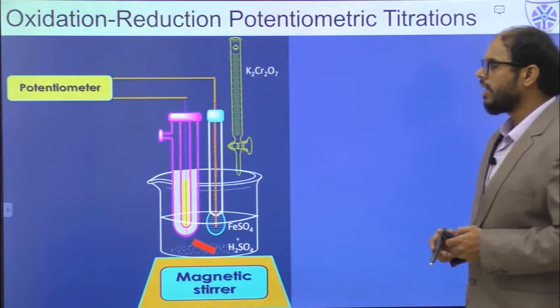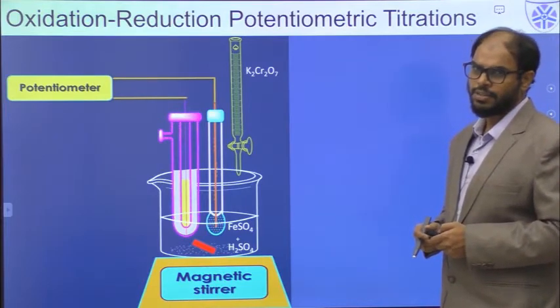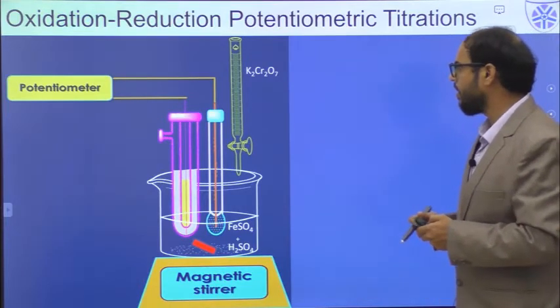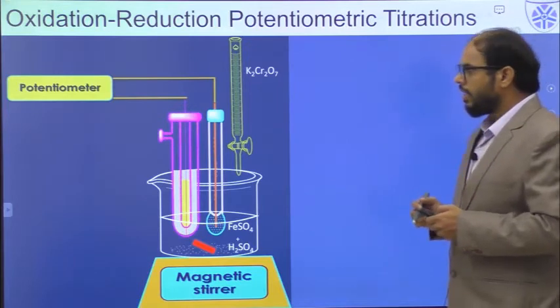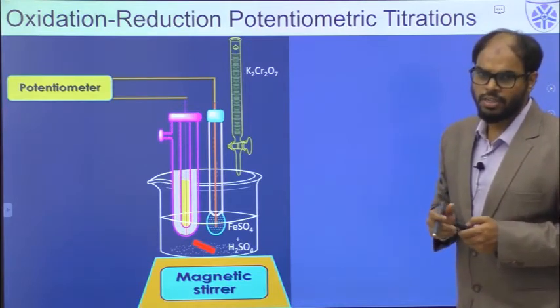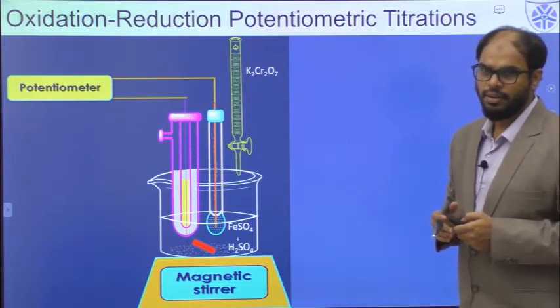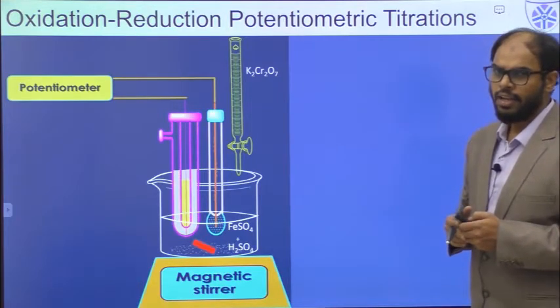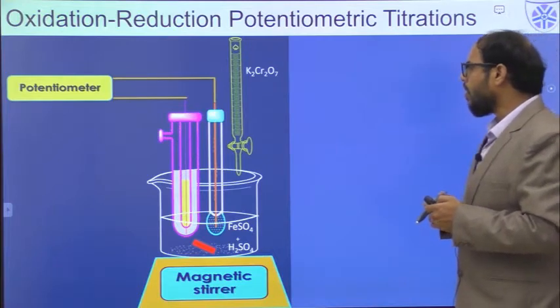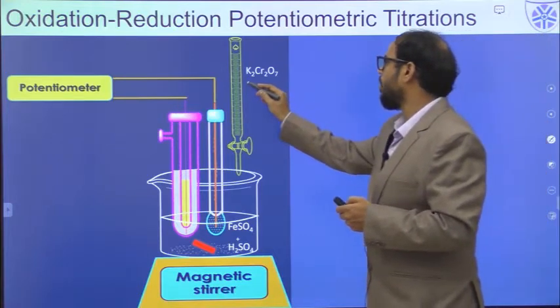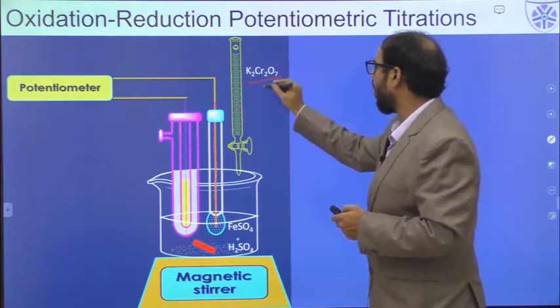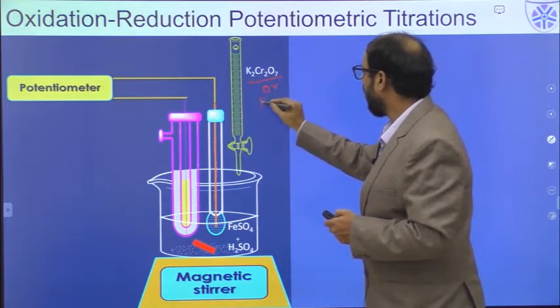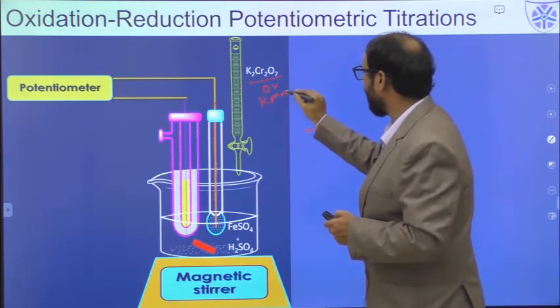Let us try to understand the second type of potentiometric titration, that is the oxidation reduction potentiometric titration. Since we are talking about an oxidation reduction potentiometric titration, we should take an oxidizing agent as well as a reducing agent. Generally, strong oxidizing agents such as potassium dichromate or potassium permanganate are used.